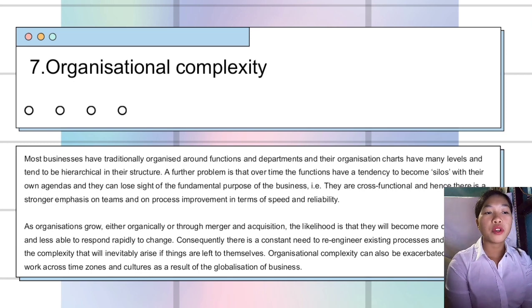Consequently, there is a constant need to re-engineer existing processes and to root out the complexity that will inevitably arise if things are left to themselves. Organizational complexity can also be exacerbated by having to work across time zones and cultures as a result of the globalization of business.